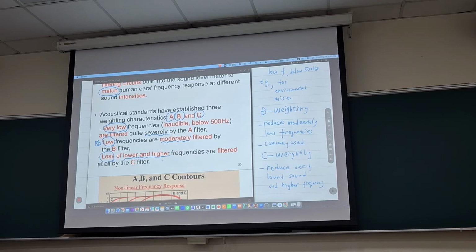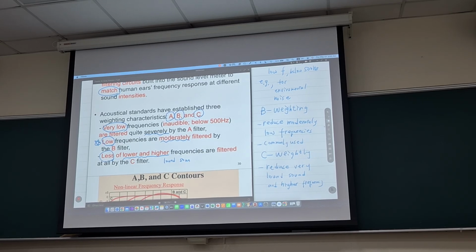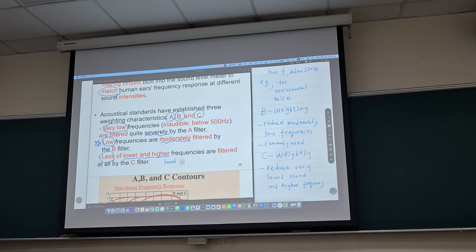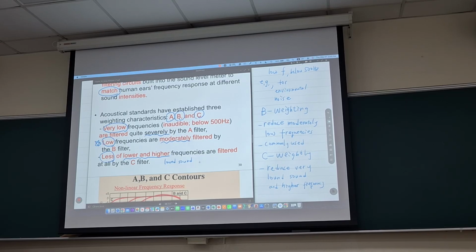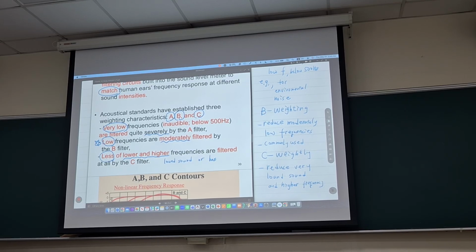The loud sounds are filtered by the C filter. Loud sounds, all bass notes.